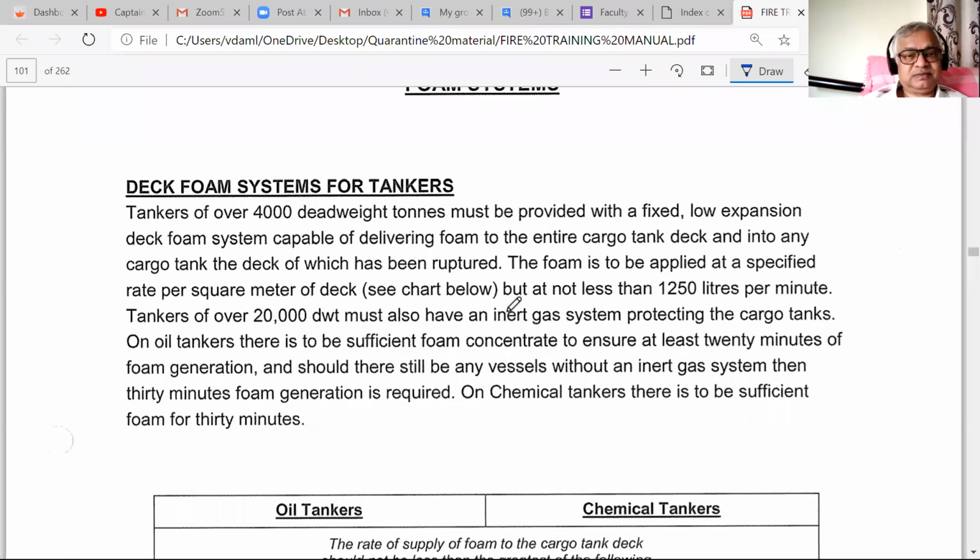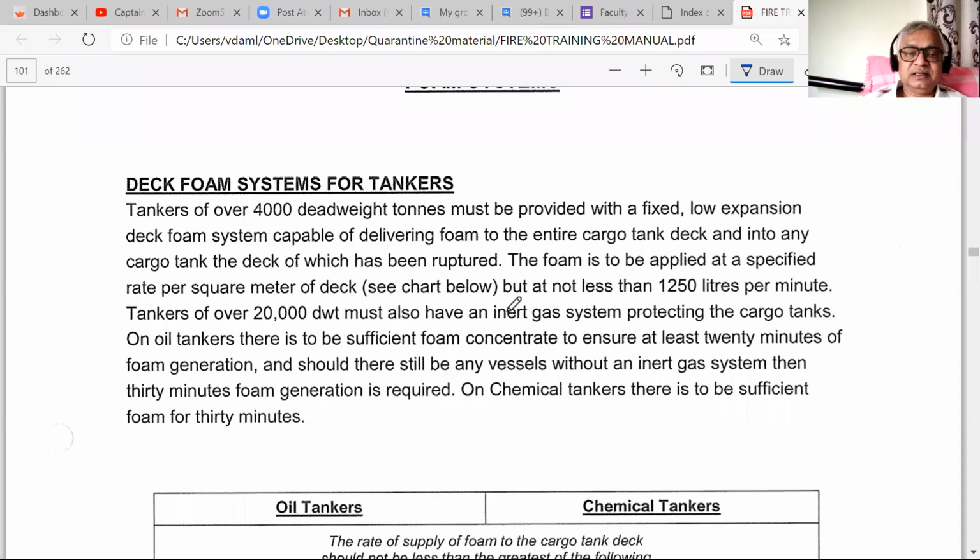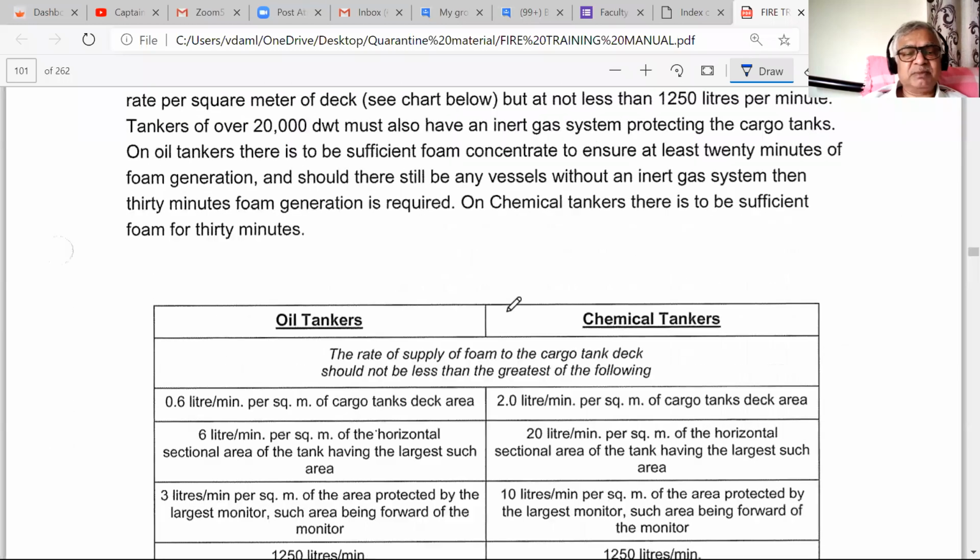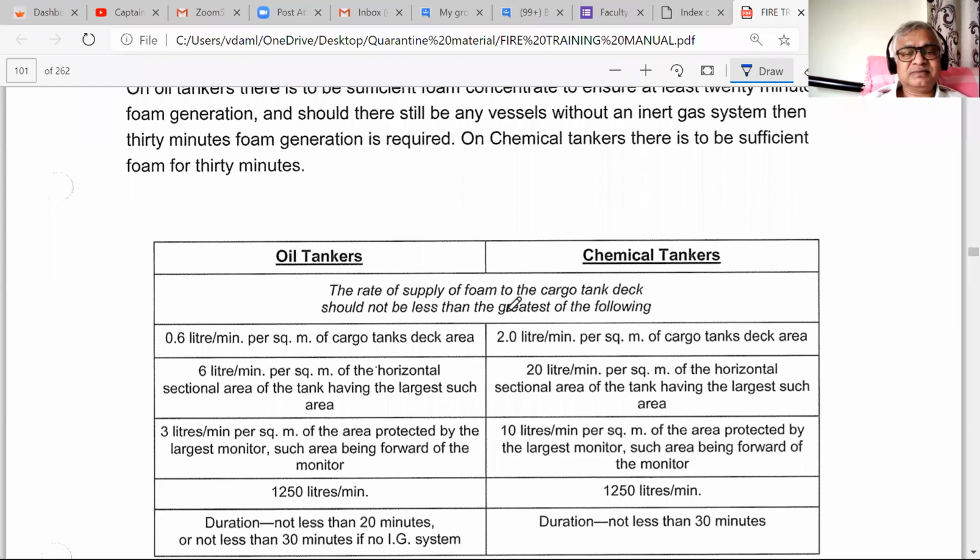Foam systems. We have three types of foam system: low expansion, medium expansion, and high expansion. Low expansion, if you find it anywhere, you will find it in the engine room. Earlier, low expansion foam was just a mixing of two chemicals, and the foam was produced by chemical reaction.